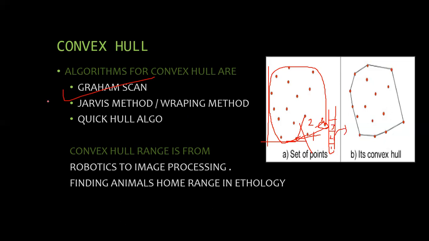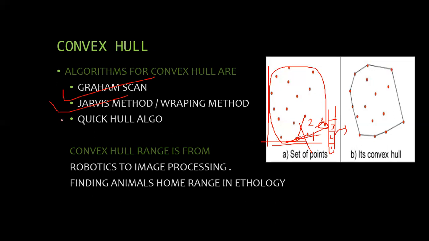Now let me quickly go through the Jarvis method. This is also the same: we select the lowest point on the y coordinate, and instead of sorting, we just select the point with the smallest clockwise angle in reference to the previous vector, and repeat these steps until we get back to the starting point.